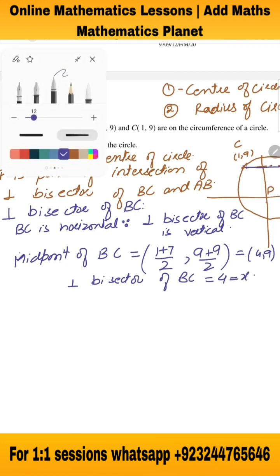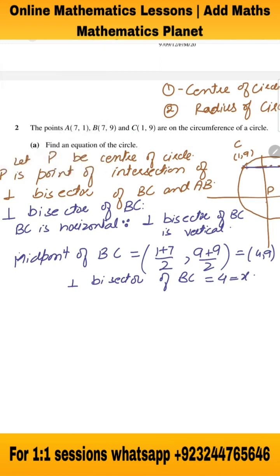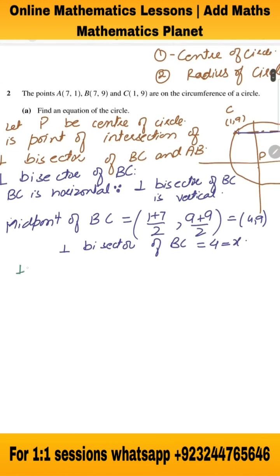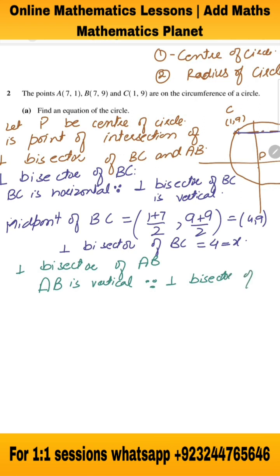Now we are going to calculate the perpendicular bisector of AB. AB is vertical, therefore the perpendicular bisector of AB is horizontal.